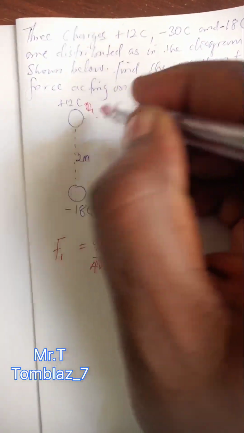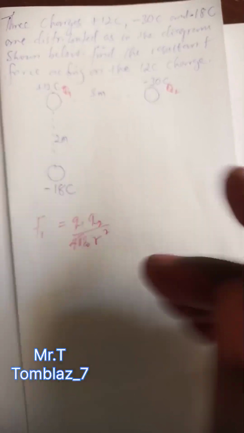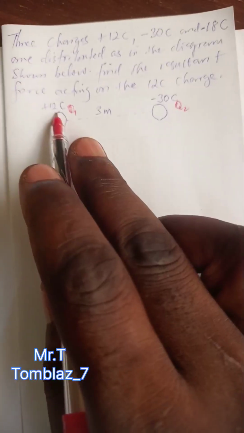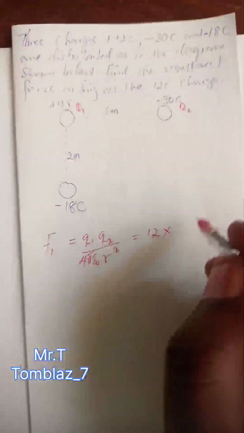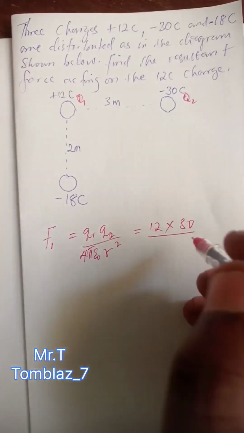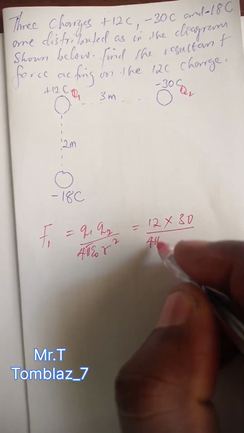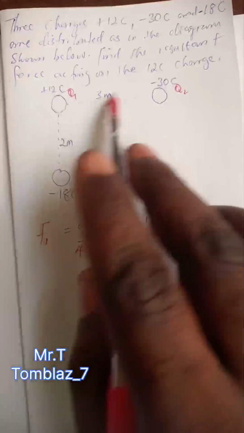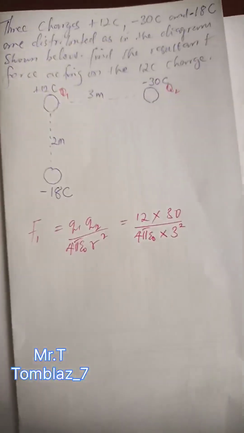If I take this one as Q1 and this one as Q2, then I will be having 12 times 30 all divided by 4 pi mu naught, and the distance between them is 3, so you have 3 square.